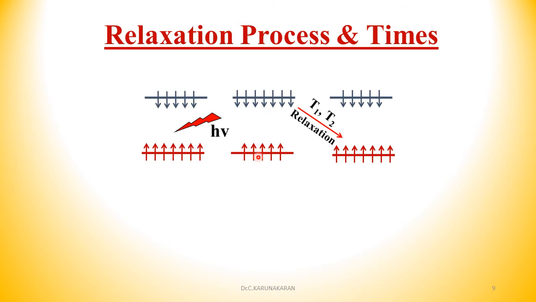In this state, there will be no NMR absorption, but due to relaxation processes, there are two types, T1 and T2, and they come back to the equilibrium levels.